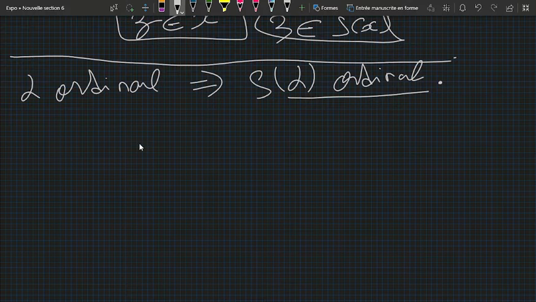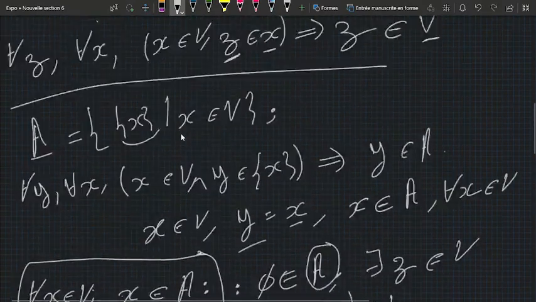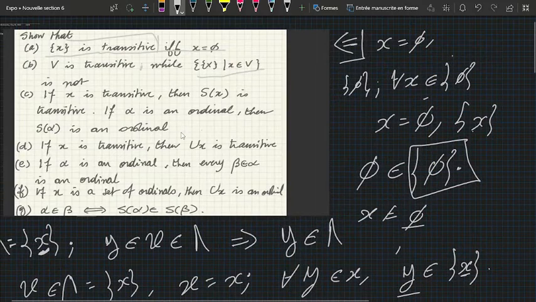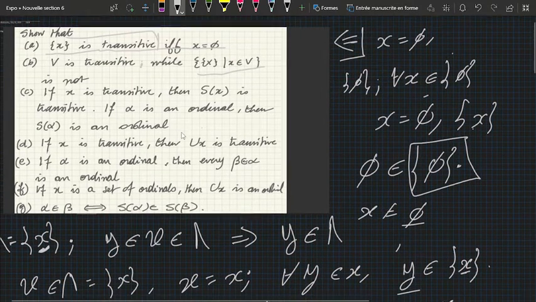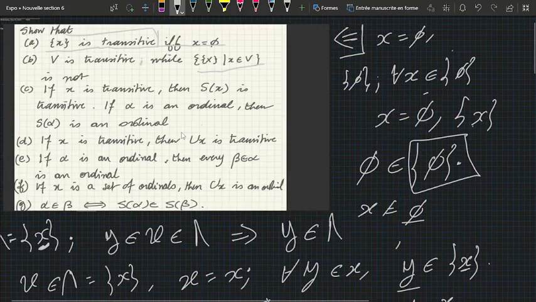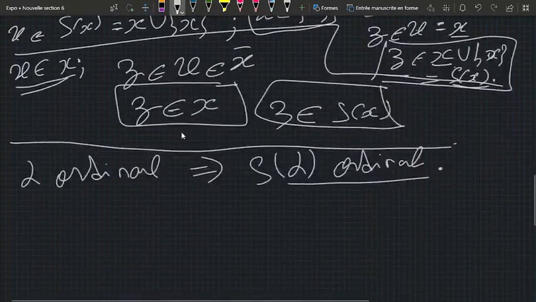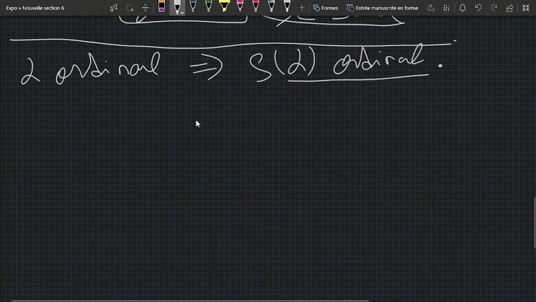I will try to explain it using a tree. So, a tree, no, without a tree. So we must prove that S alpha is ordinal.